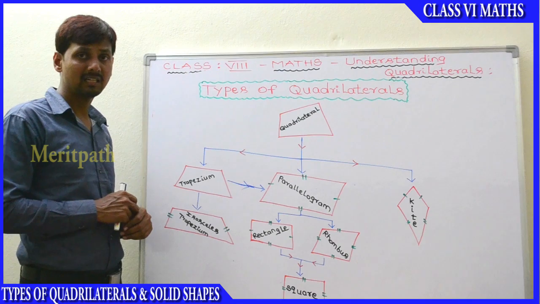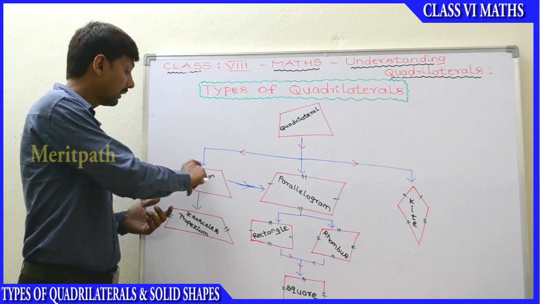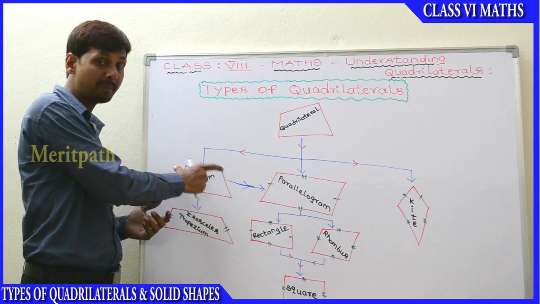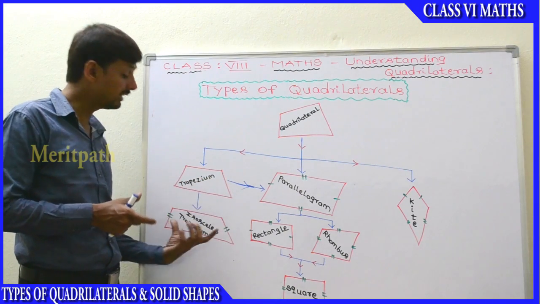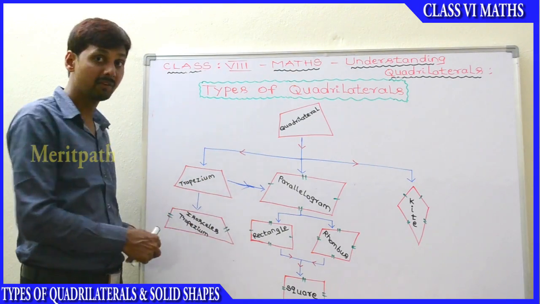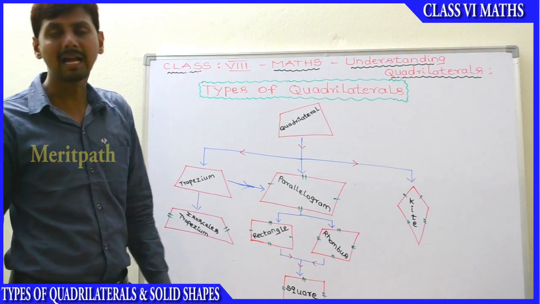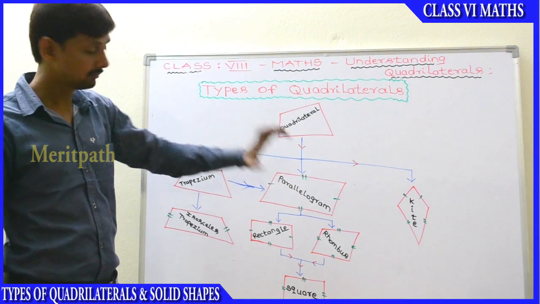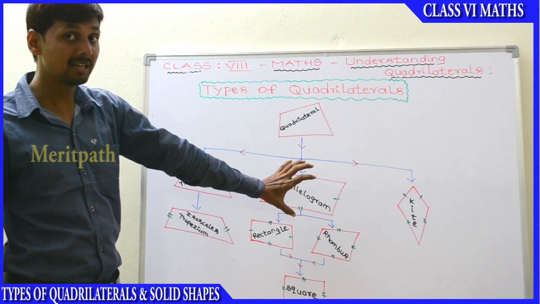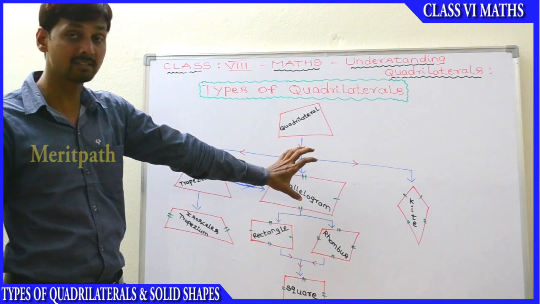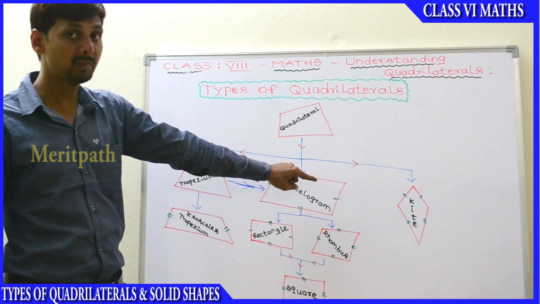In a trapezium, these two are parallel and these two are non-parallel. If the non-parallel sides are equal, then we call it an isosceles trapezium. There is another situation: opposite sides are parallel and equal, and because a parallelogram comes directly from the quadrilateral, it becomes a parallelogram.